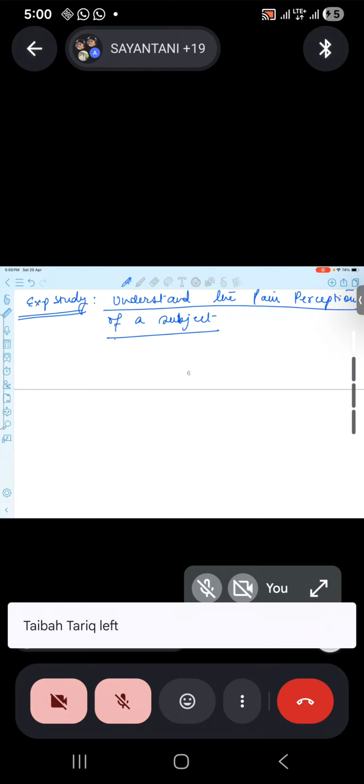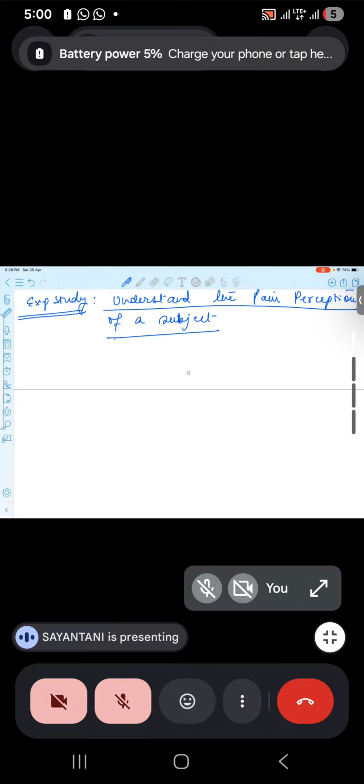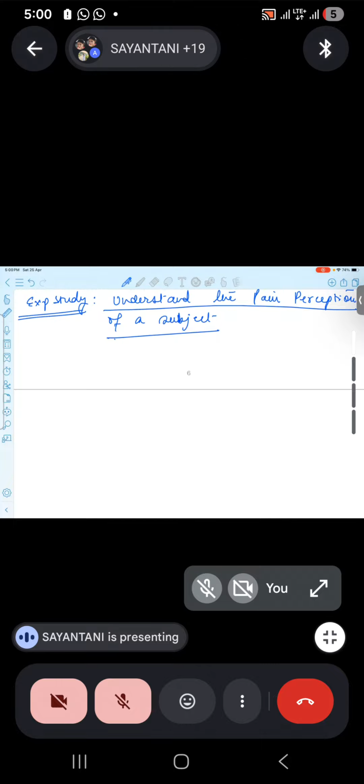In acupuncture, the same thing is done, but very fine needles are punctured inside the skin of the human being at specific points. So if somebody is diagnosed with a certain disease that has to be cured by taking these sessions, then the therapist providing the acupuncture or acupressure is not aware of your pain perceptual ability, right?